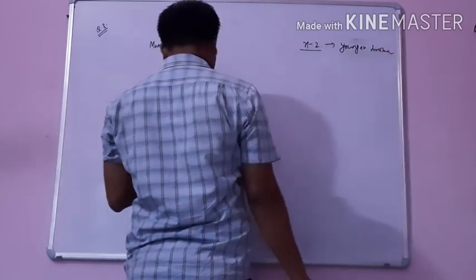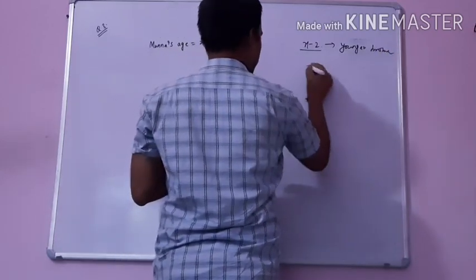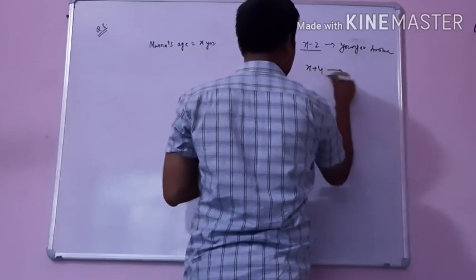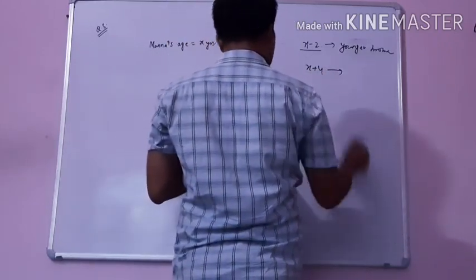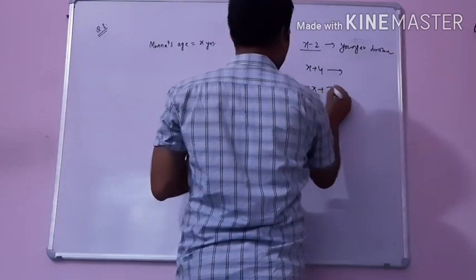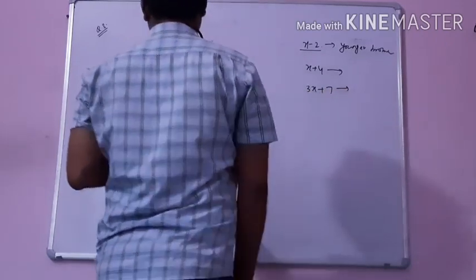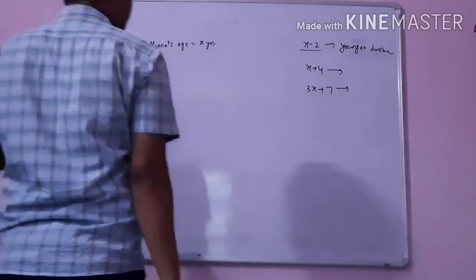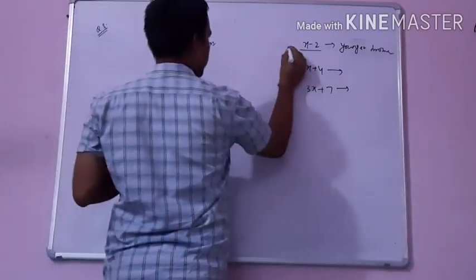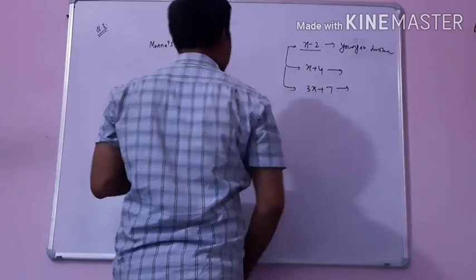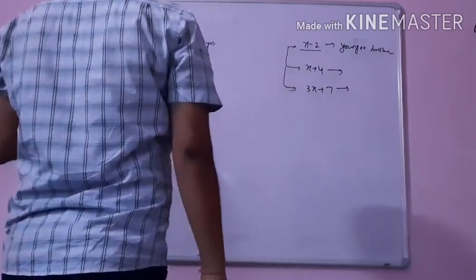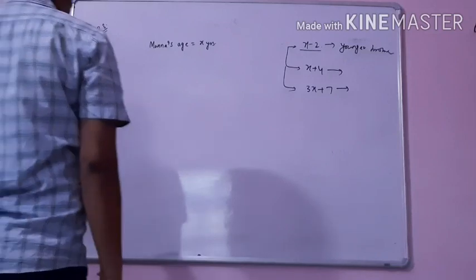Can you guess x plus 4, and 3x plus 7? By considering Munna's age, the first one is x minus 2, that is the younger brother. Then x plus 4, and then 3x plus 7.